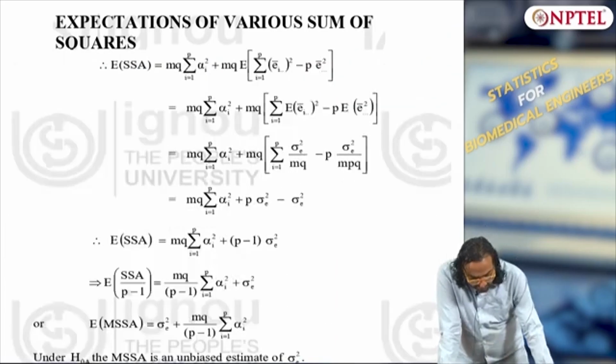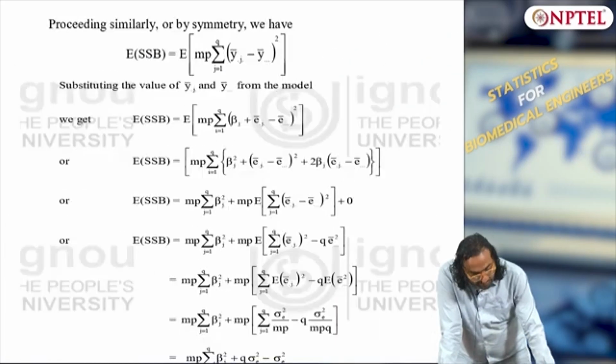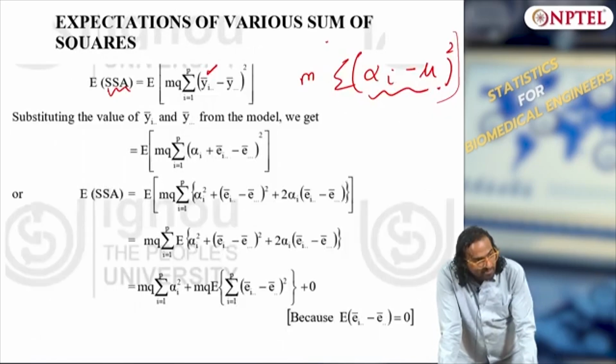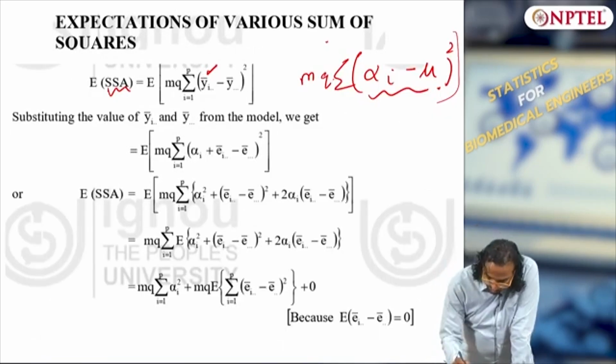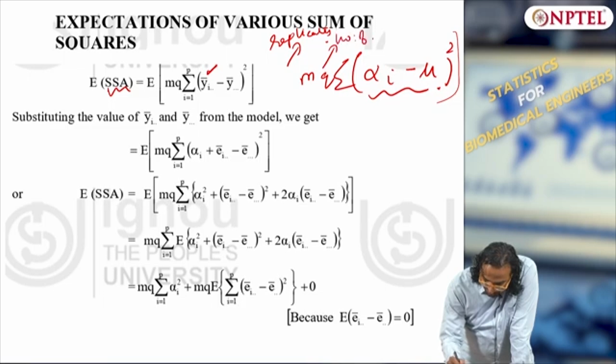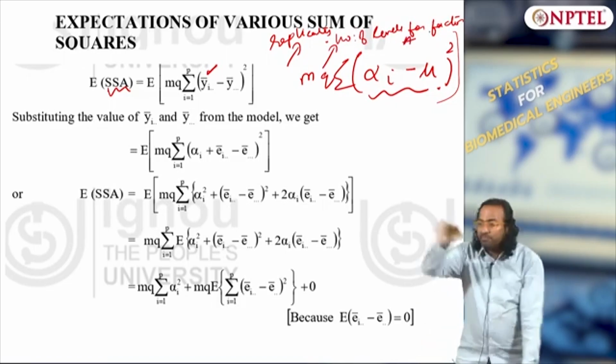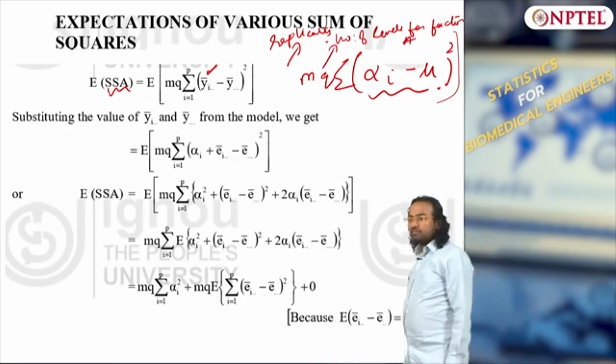So M is the replicates and Q is the number of levels for factor B, because for every level of factor A you are looking at, that many times it should be there, right?